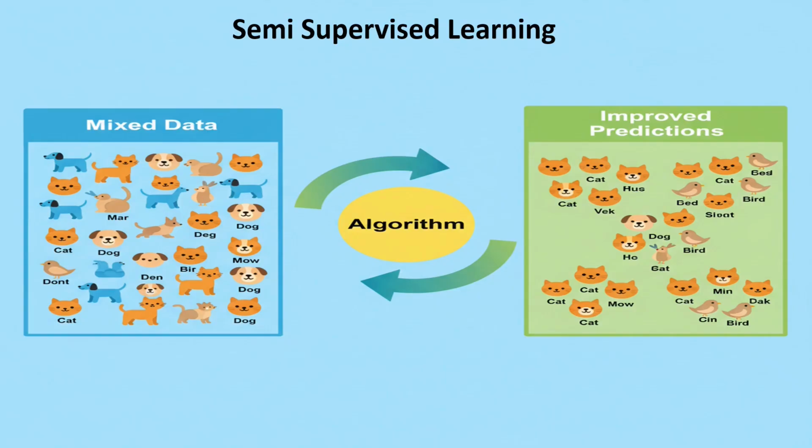So this is basically semi-supervised learning, where we have a huge data set, and some data is labeled, but the other is not. So here also, it is doing clustering and trying to find out the labels of the other unlabeled data.